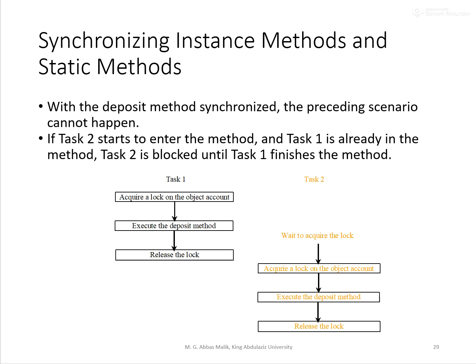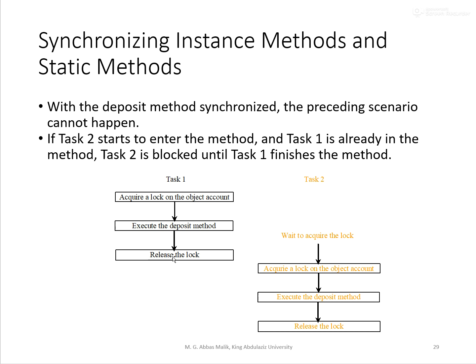So in effect, what's happening is this. Once you declare a method synchronized, if you have one thread, one task that is running, it's kind of like acquiring a token, or as we say in programming terminology, a lock on a method of an object, and only the thread, the task in this case, that has that lock is allowed to execute that part of the code, until it finally finishes and releases that lock.